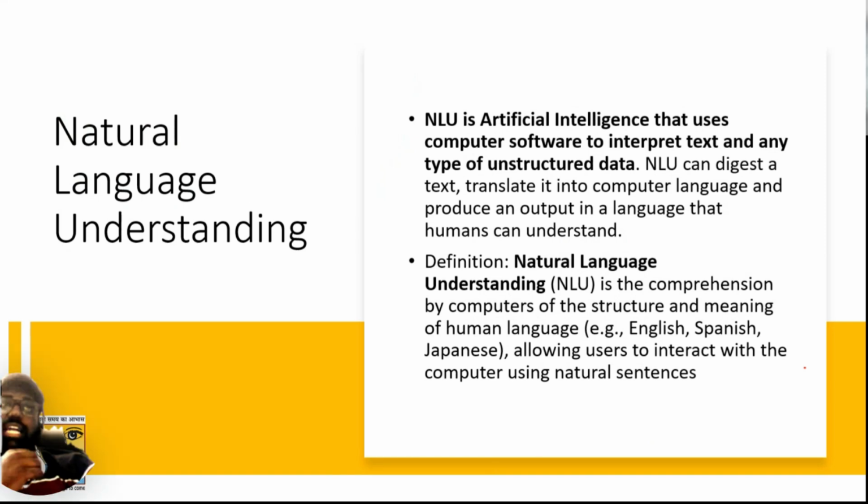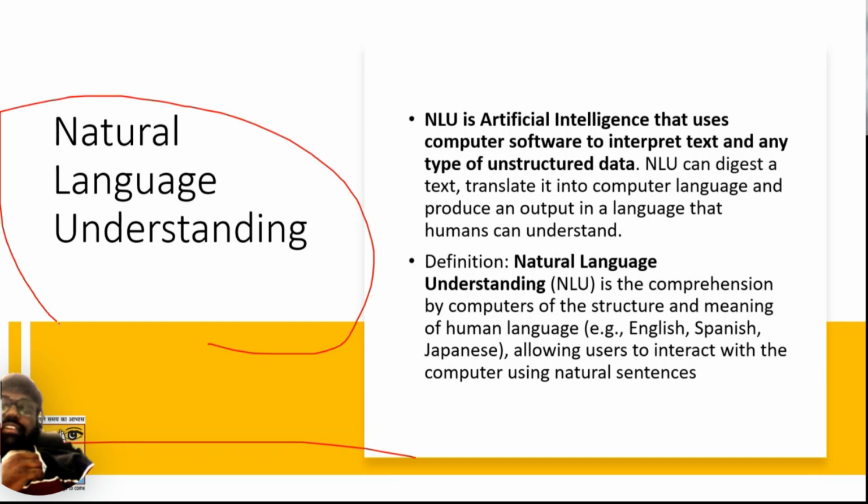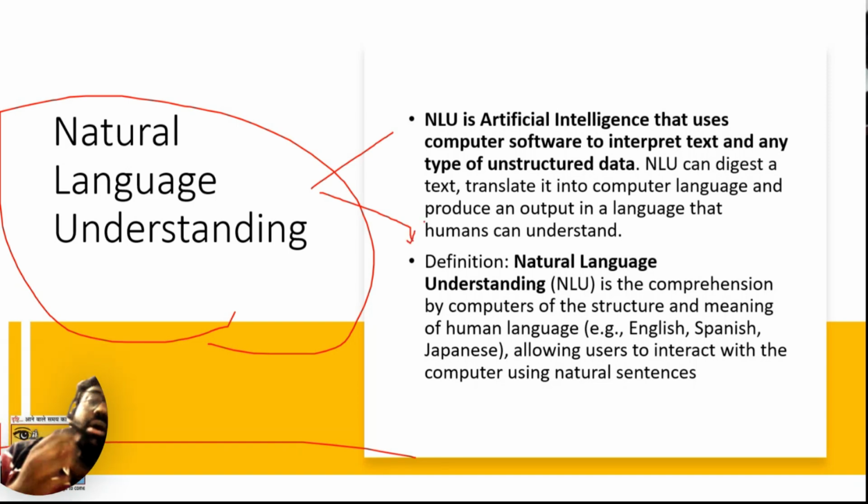So again, this natural language understanding is mainly two things. I just kept the definition here. The backend code behind this uses computer software to understand the text and any type of unstructured data, because the text is all unstructured, right?